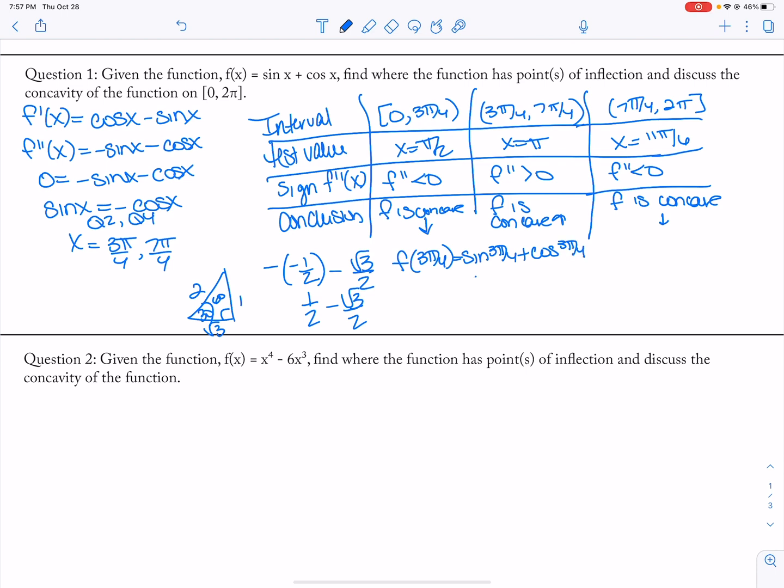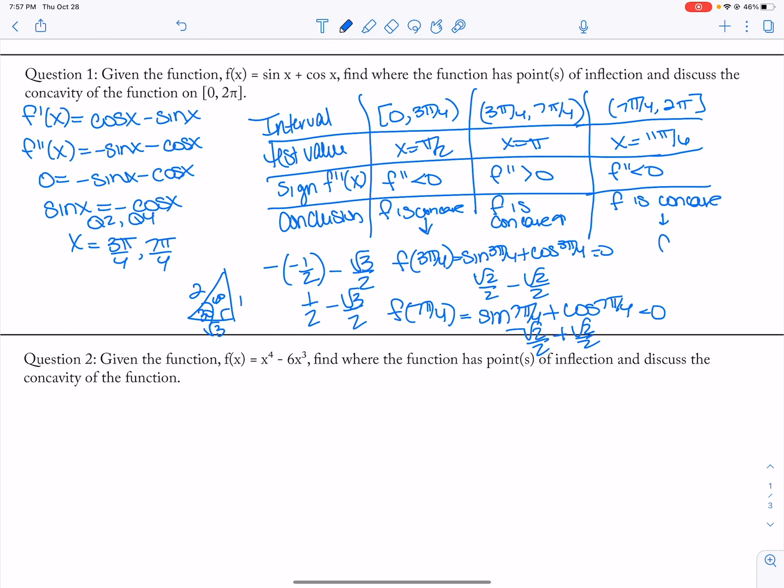And sine is positive, so that's a root 2 over 2 minus a root 2 over 2, which is 0. So f of 7 pi over 4 is sine of 7 pi over 4, which is negative root 2 over 2, plus cosine of 7 pi over 4, which is a positive root 2 over 2, which is also 0.